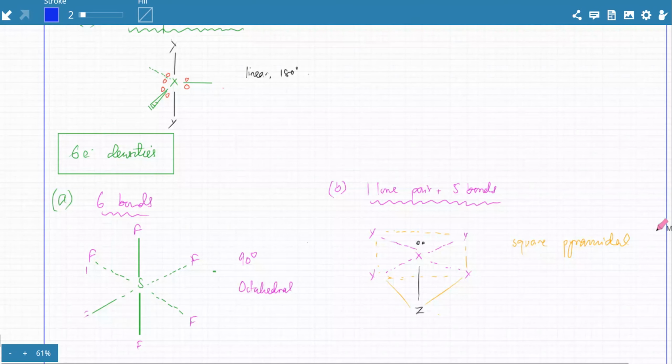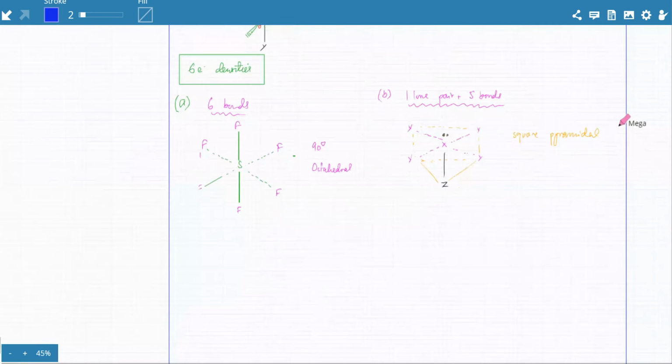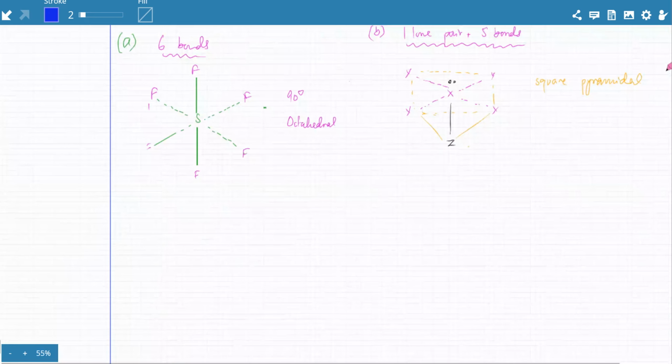There's just one last version of the same one, so it's A, B, and C. The last one is 2 lone pairs and 4 bonds.